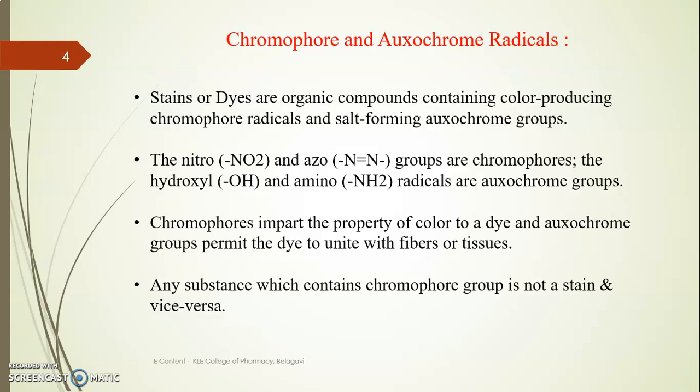Chromophores are further categorized into two types, basic chromophores and acid chromophores. Basic chromophores are again of three types. Methyl red and methyl orange belong to the azo group, where the benzene ring is attached to side chain nitrogen atoms. Dyes such as safranin belong to the azine group, while methylene blue is of the indamine group type.